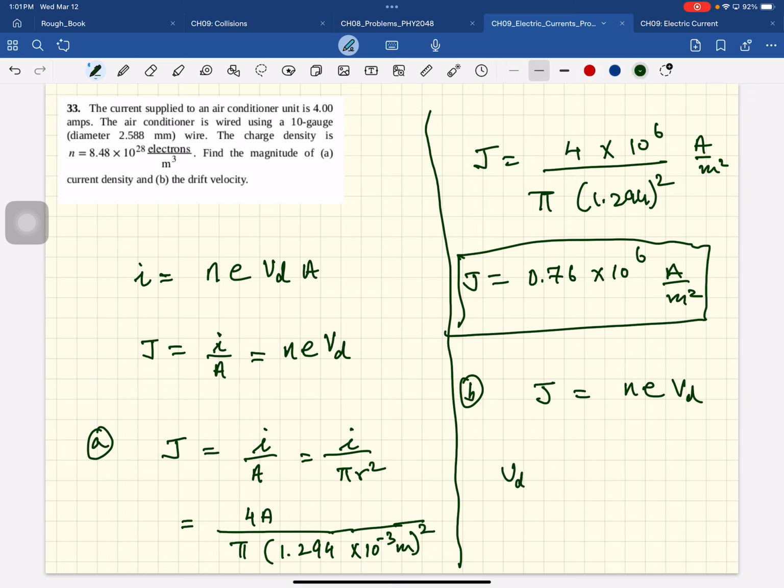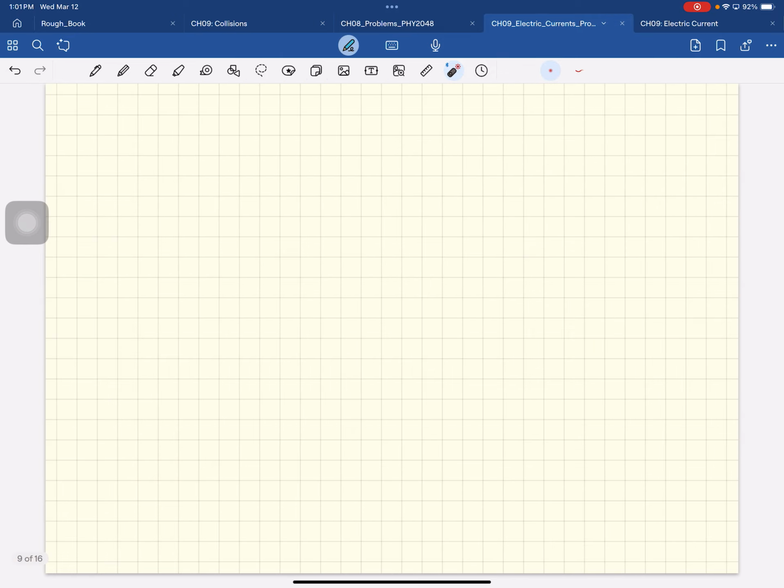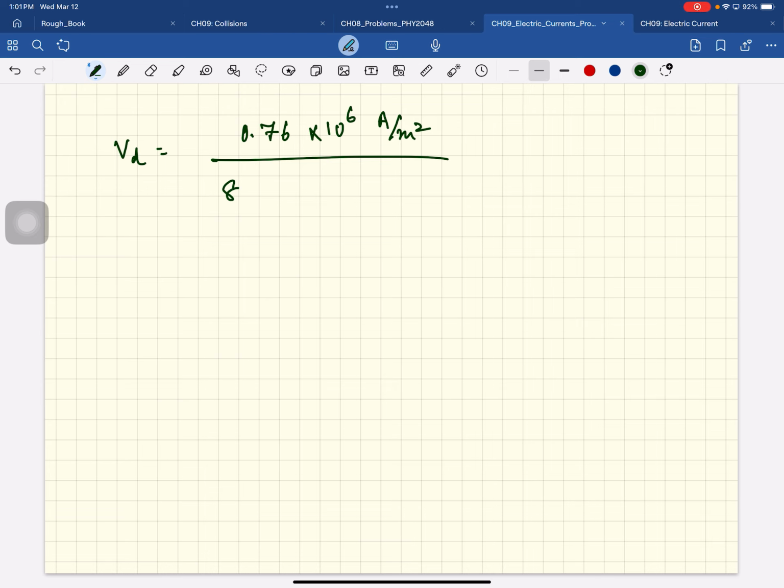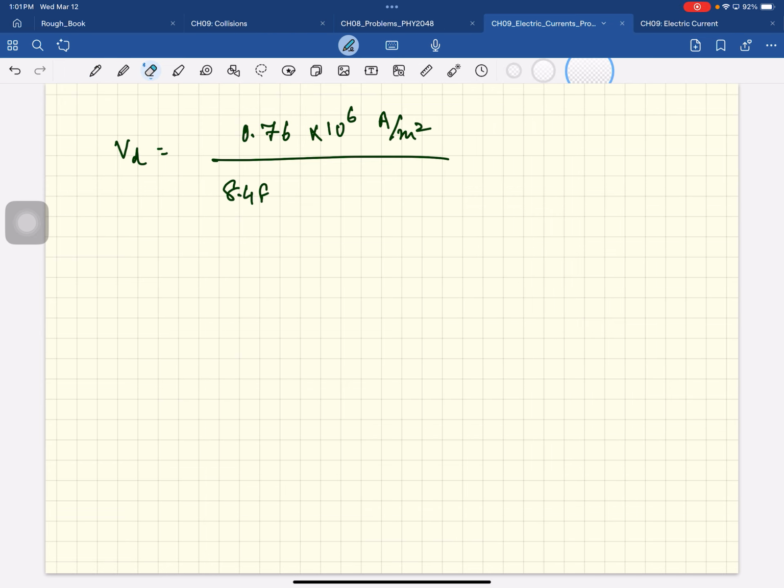The drift velocity is the current density divided by n times e. e is the charge of the electron. So current density was 0.76 times 10 to the 6 amp per meter square. n was 8.48 times 10 to the 28 per meter cube.